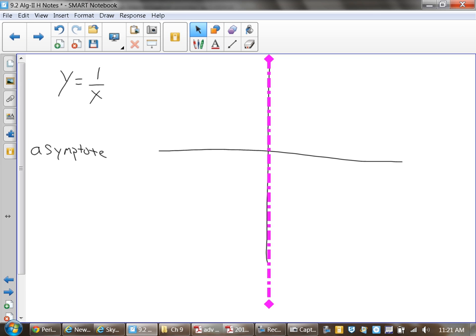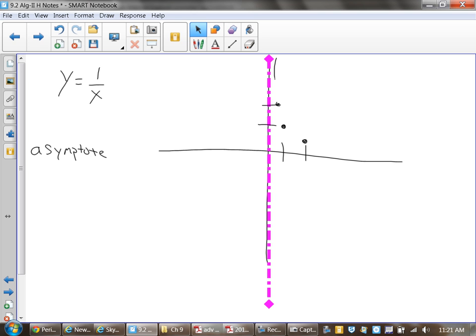If I pick 1, what's y? 1. If I pick 2, what's y? 1/2. If I pick 3, it's 1/3. If I pick 1/2, it's 2. Very good.